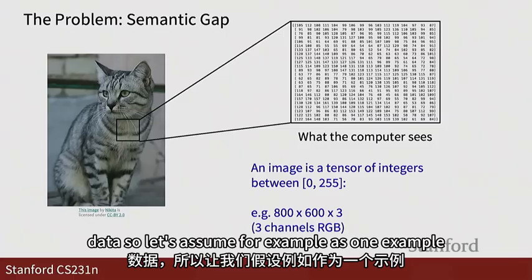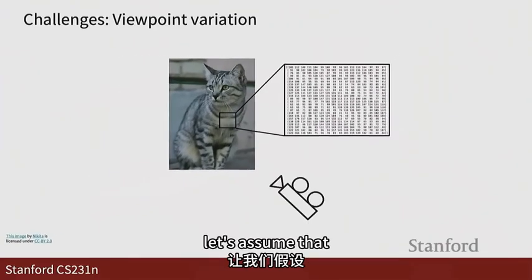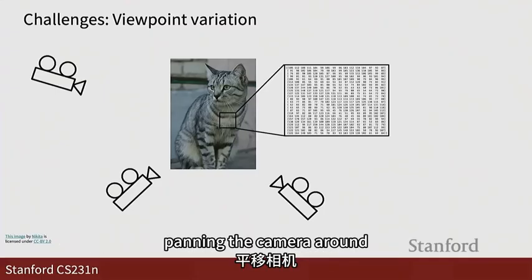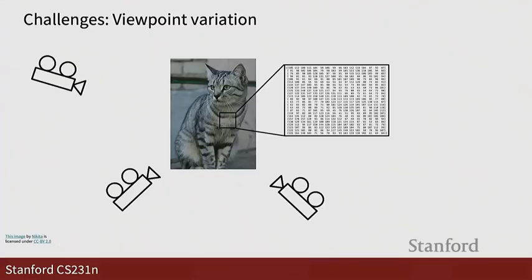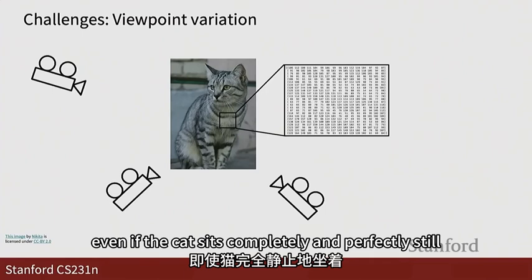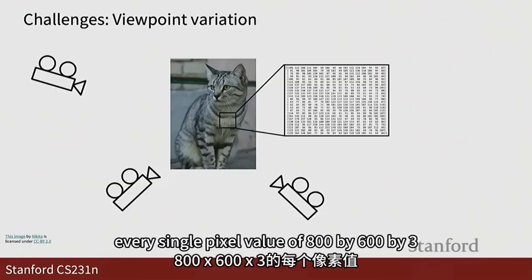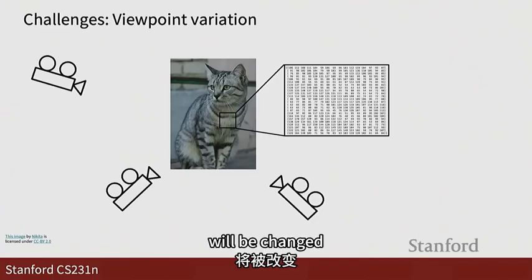So as one example, let's assume that we move the camera. If the camera is moved, for example panning the camera around, even if the cat sits completely and perfectly still, every single pixel value of 800 by 600 by 3 will be changed.